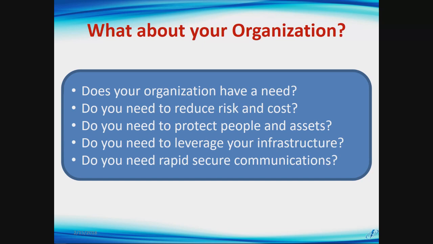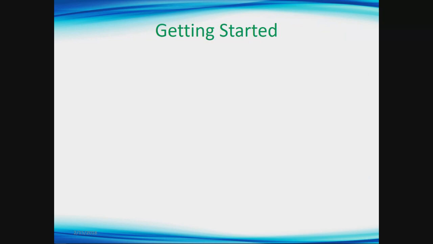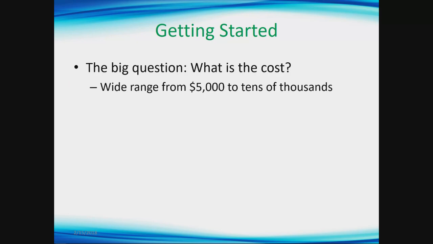So, if you answered yes to any of these questions, then your organization is a serious candidate for a mass notification system. Let me tell you what's involved in getting started. So the big question everybody has, what do you think the big question everybody has is? What's the cost, right?